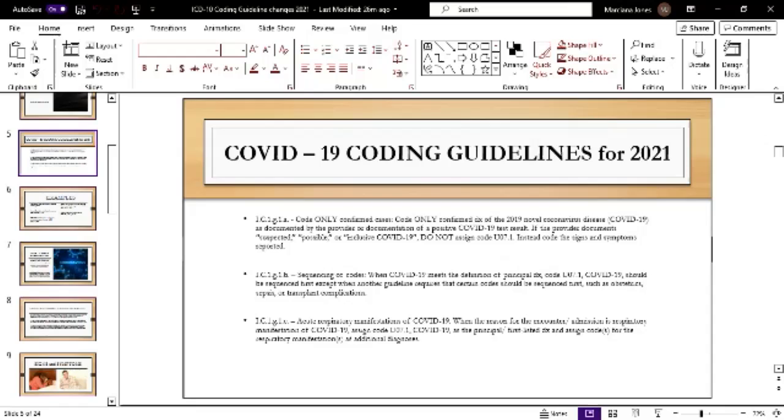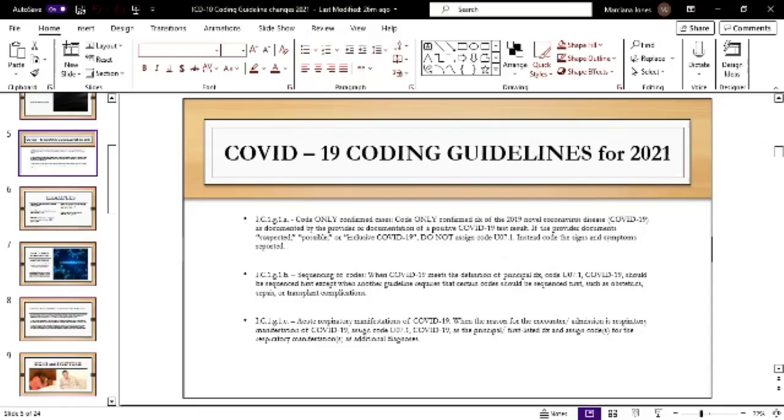So acute respiratory manifestations of COVID-19. When the reason for the encounter or the admission is respiratory manifestations of COVID, you're going to assign U07.1, which is COVID-19, as the principal or the first listed diagnosis, and assign the code or codes for the respiratory manifestations as additional diagnosis.